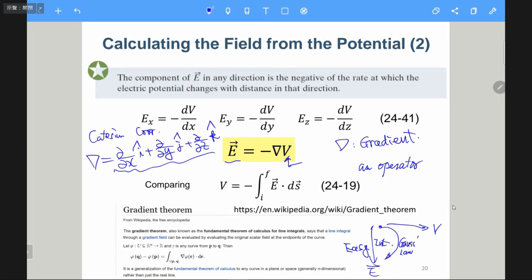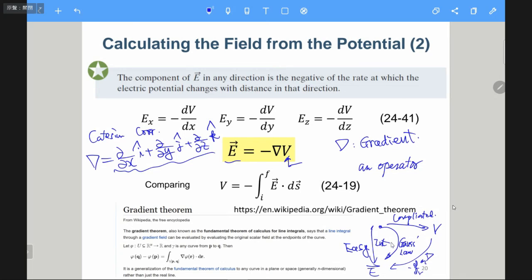So for some more complicated situations, you find the voltage first and then take the gradient. Or sometimes you just need to take the derivative, if you only need to find it in one direction. So you calculate the electric potential first, then take the gradient or the derivative, and then find the electric field. The final goal is still calculating the electric field, at least in a physics class or electromagnetism class.